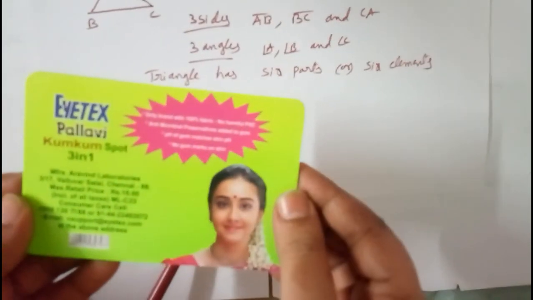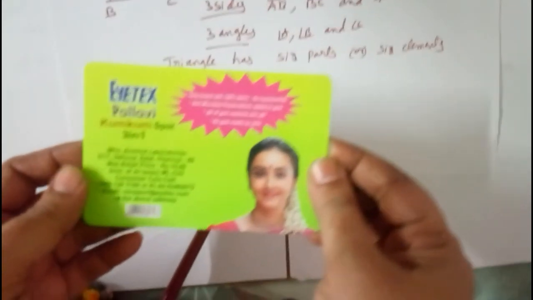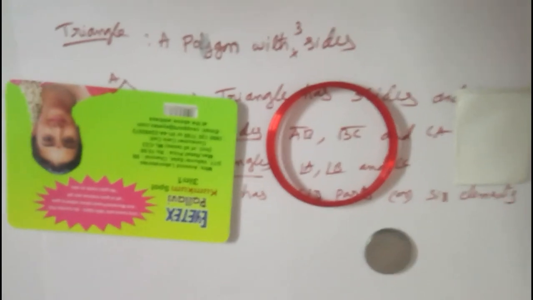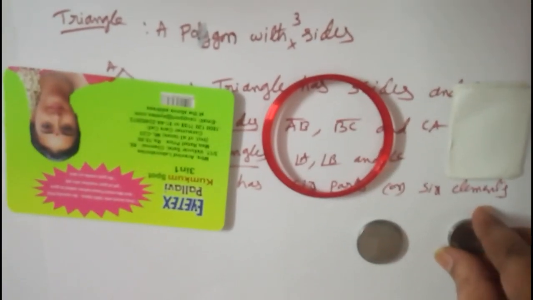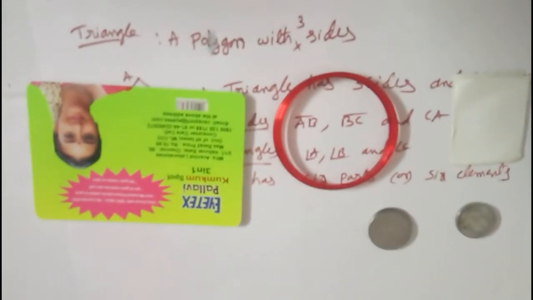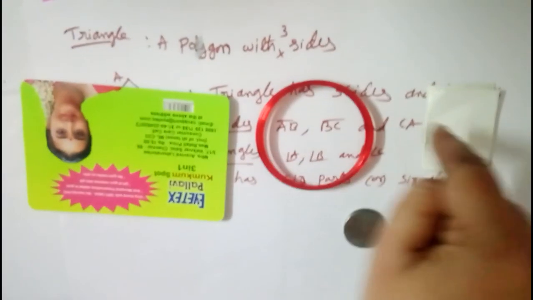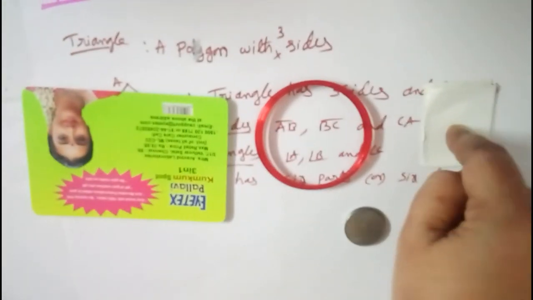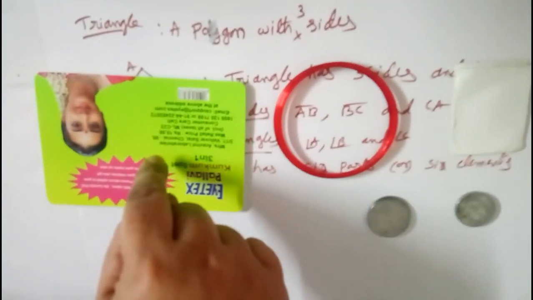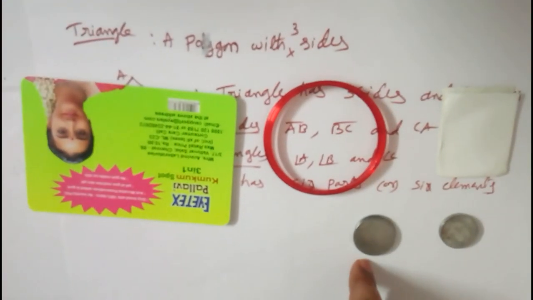If you put one on another, these two coincide. What do you call such figures? Two photographs coincide, two bangles coincide, two sticker packets coincide, two 1 rupee coins minted in the same year coincide.